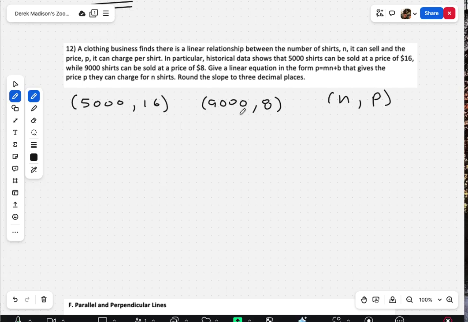So for slope, be careful to do y2 minus y1, even if you're thinking it'd be nice if those were the y's, but they are not. So 8 minus 16 over 9,000 minus 5,000.